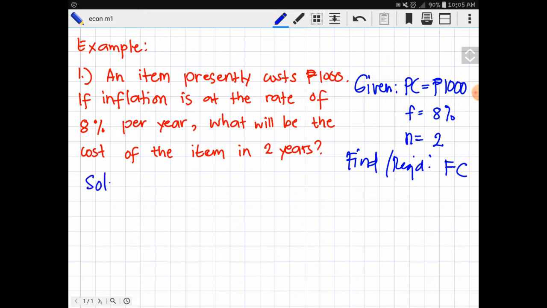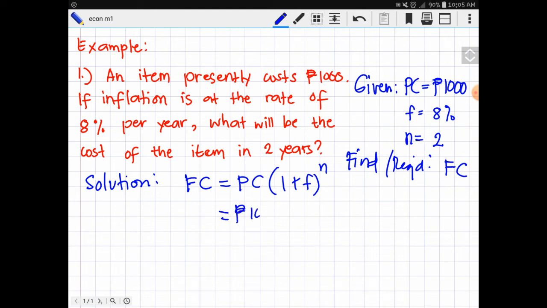Therefore, for our solution, we are going to use the formula FC is equals to the PC multiplied by 1 plus F raised to N. Then, we can substitute the value of the PC or the present cost, which is 1,000 pesos multiplied by 1 plus the F, 8%. Pwede nyo nang idirekta na 8% dun sa may mga calcu na may percent.